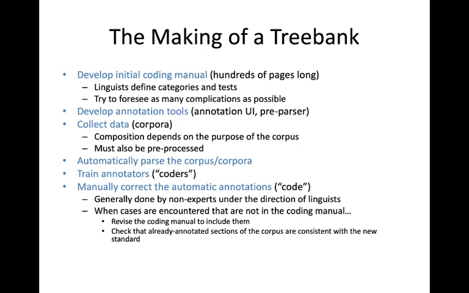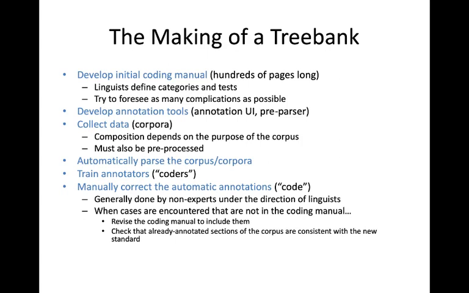Now, these coders generally don't have PhDs in linguistics or anything. So they often don't understand the decisions that they're making. They can apply things reasonably well, but it takes a lot of training and a lot of experience for them to actually know how to make these kinds of decisions and get the trees right.